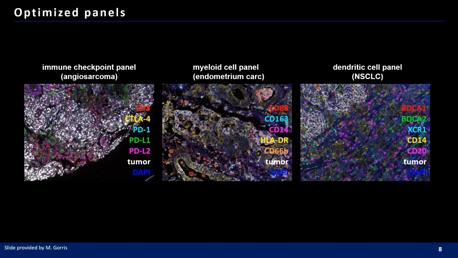For example, in our core, we already have immune checkpoint panels, myeloid cell panels, or dendritic cell panels, which can be widely used by any level users. Still, the technique remains flexible, and it offers plenty of wiggle room, especially for researchers aiming at identifying rare cell populations. To conclude, I'm going to go through some take-home messages.